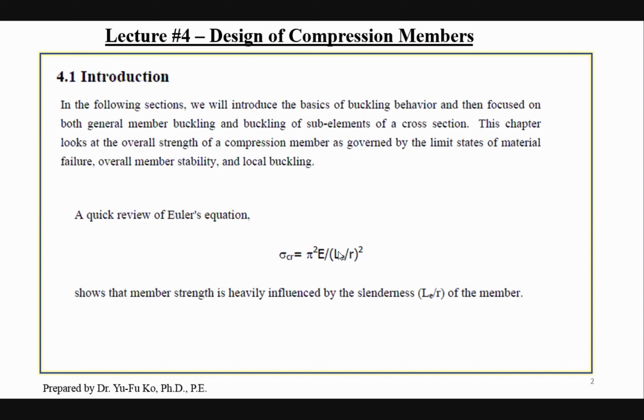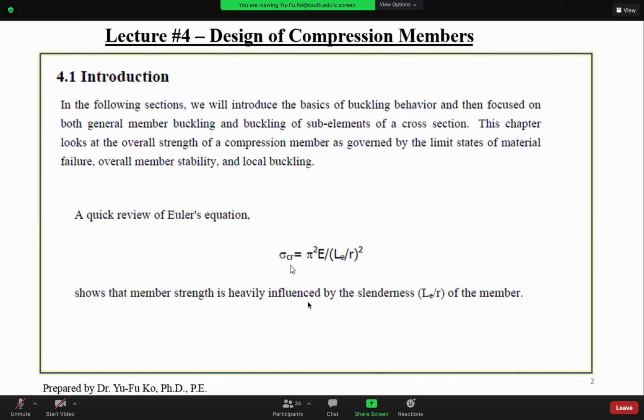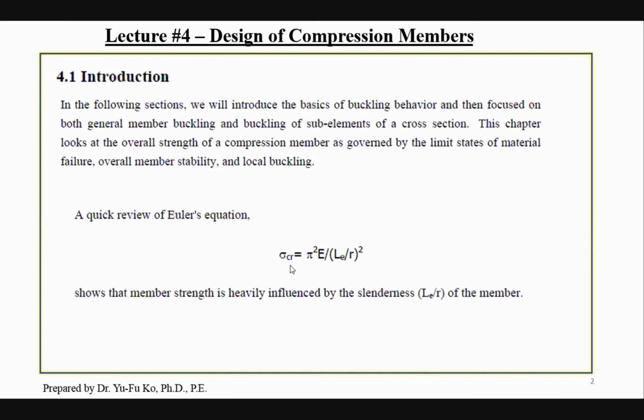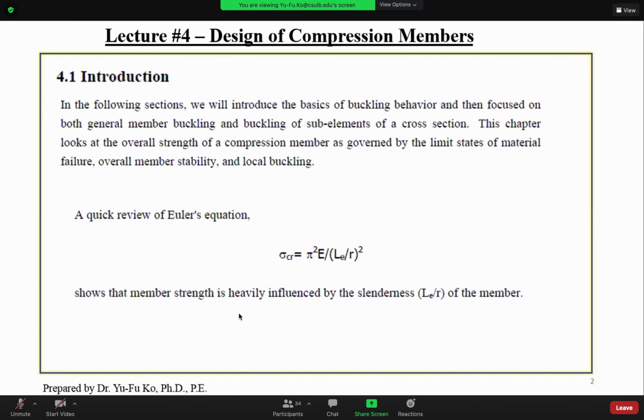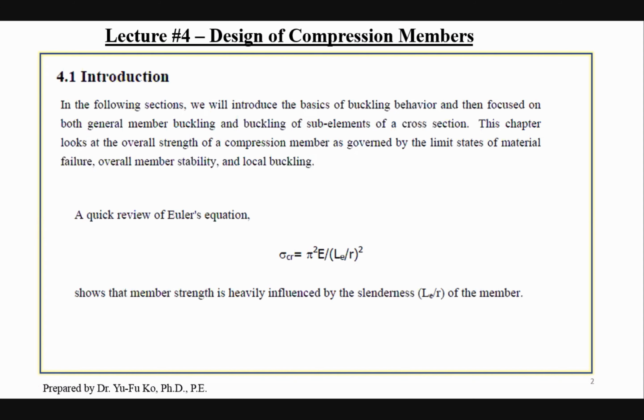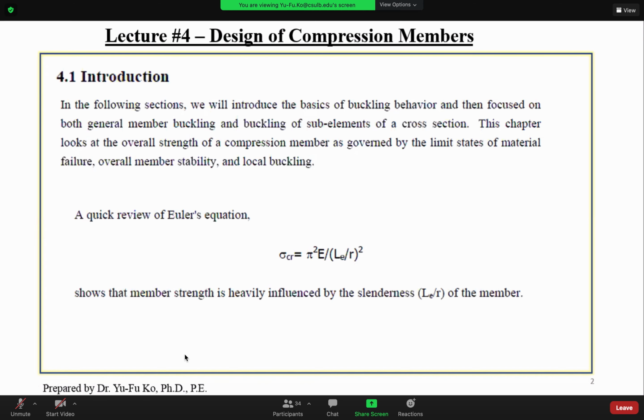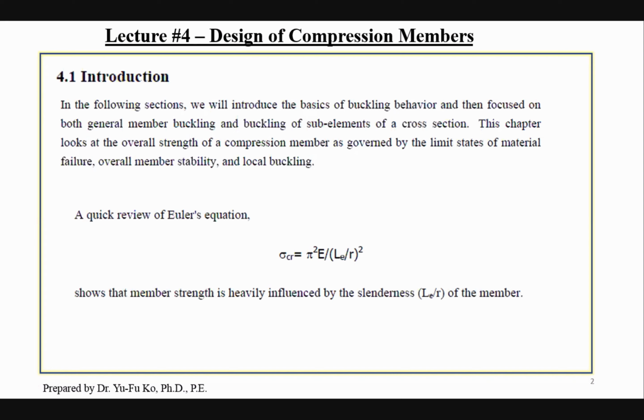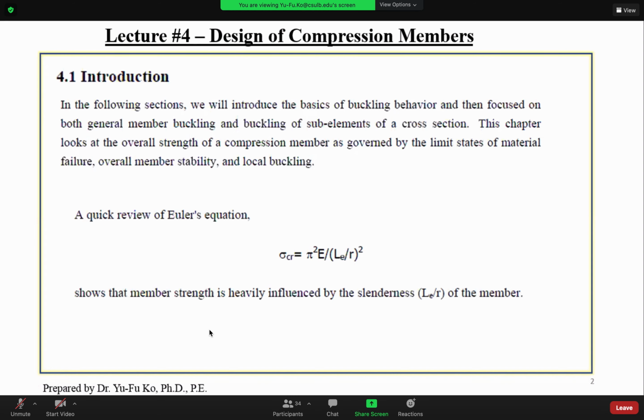The larger this value, meaning if your member is more slender, then your buckling stress is smaller, meaning your buckling capacity is smaller. So when you have a column which is slender or longer, it will be easier to buckle because your sigma critical, the buckling strength or capacity, is smaller.